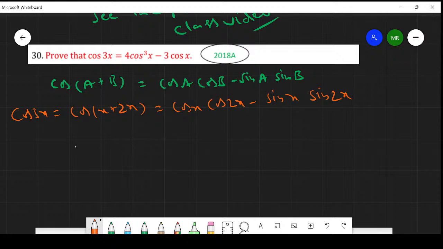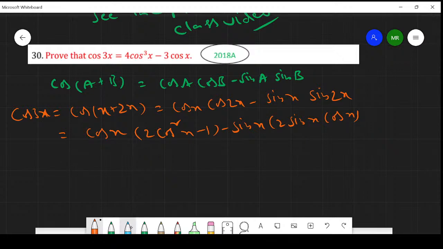Here a is x, b is 2x. Cos 2x you should express in terms of cos only: 2 cos square x minus 1. And sin 2x means 2 sin x cos x.